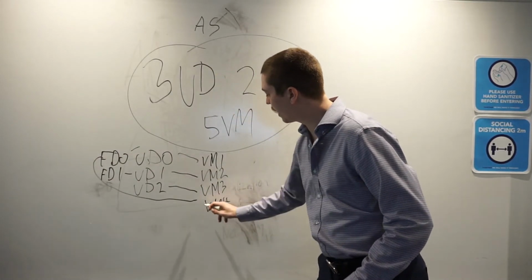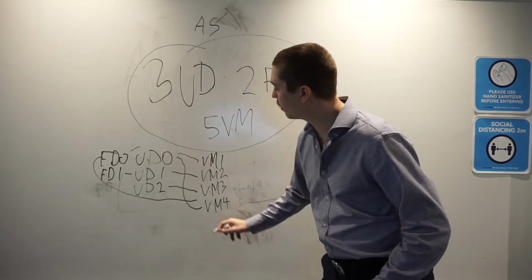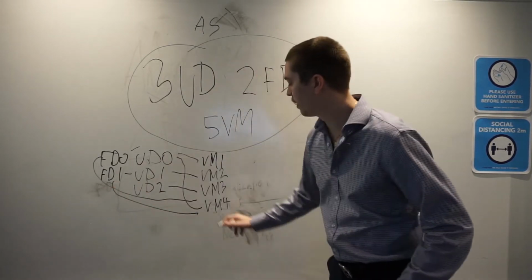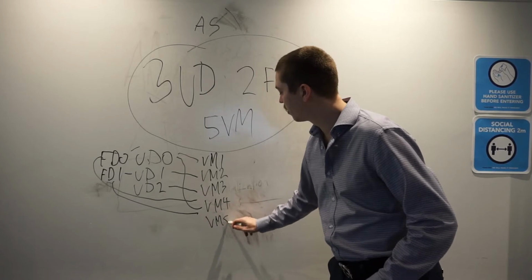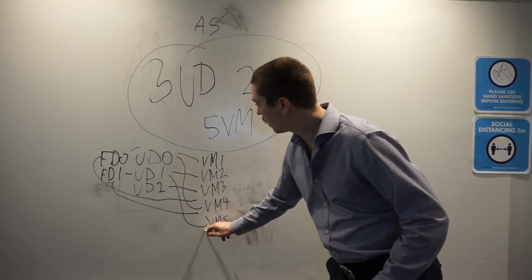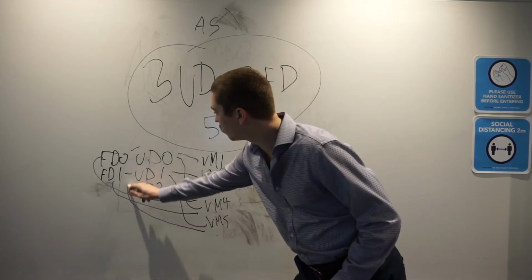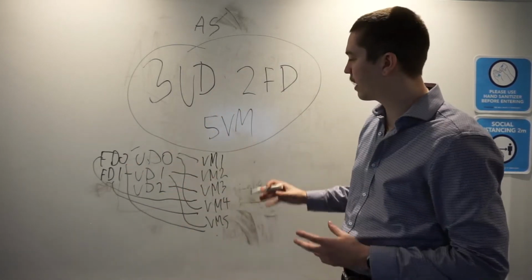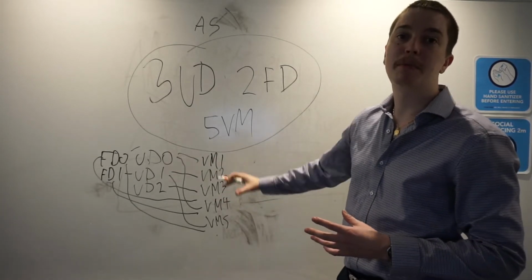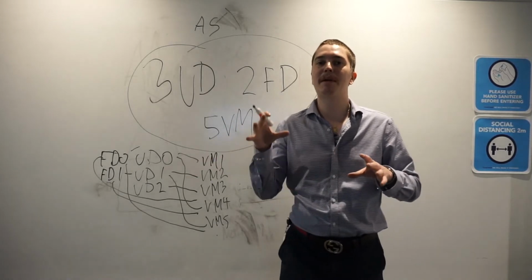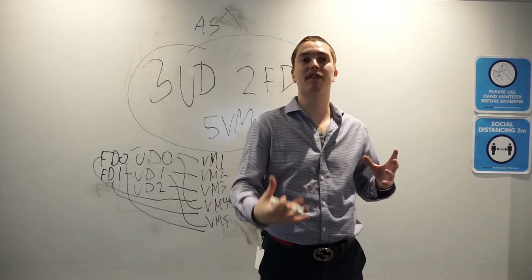VM4 would connect to update domain 0, and then fault domain 1. And then VM5 would connect to update domain 1, and then fault domain 0. So it's kind of like this weird algorithm where it goes back and forth like that. So that's something to remember, something to practice, and I kind of glazed over that pretty fast, but maybe in a different video we'll go into that more in depth if you guys would like.